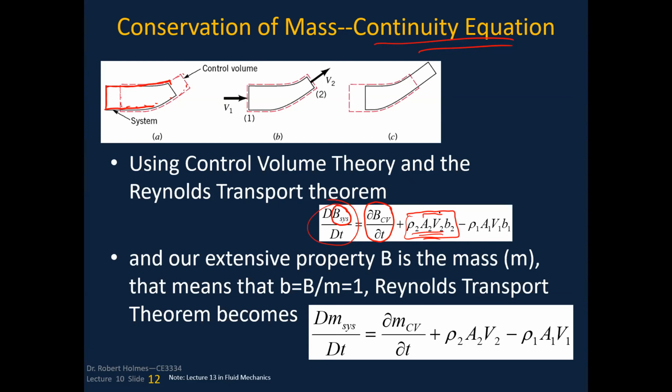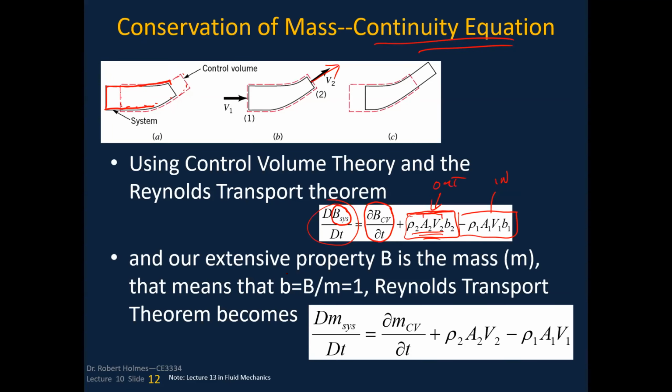So this is a flow rate volumetrically, and the rho times b is sort of what the mass flux of that extensive property would be. And then this is on the downstream side of it, so this is what's passing out of the control volume. This is what's coming into the control volume. This is the in, this is the out. And so the difference between the two is the net flux of that extensive property.